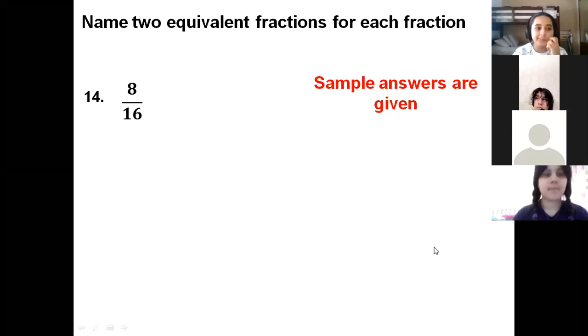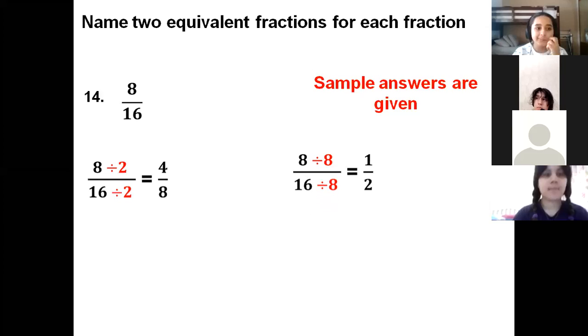Okay, Ban. 8 multiplied by 3 equals 24. Yes. 16 multiplied by 3 equals 48. Yes. So 24 out of 48. Excellent, Ban. So look, you can divide by 2. This is Bana's example.